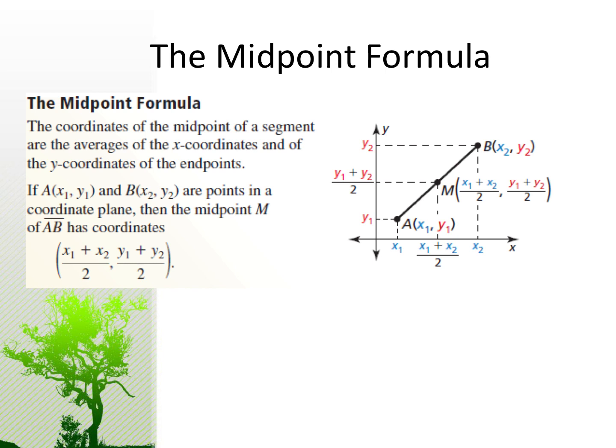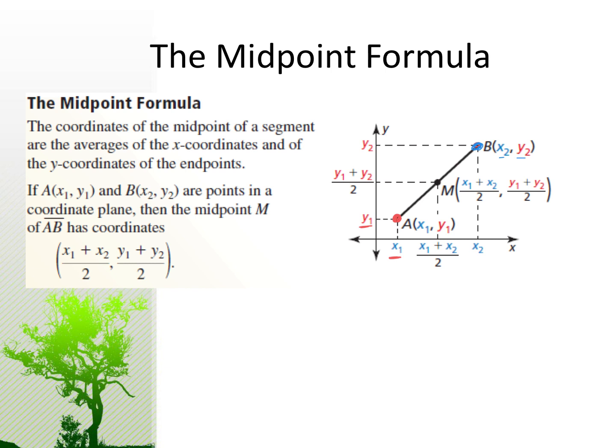So this diagram is super confusing, okay? They're basically saying here that point A is identified as some x value and this y value, so x1 and y1. This point B is identified by another x value and a different y value, so they call that x2 and y2.